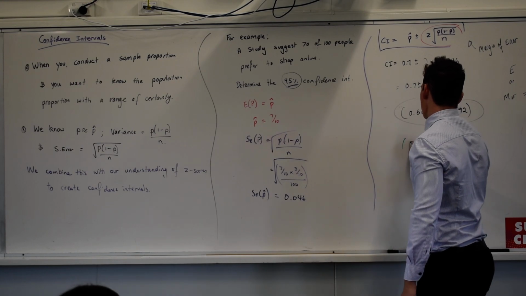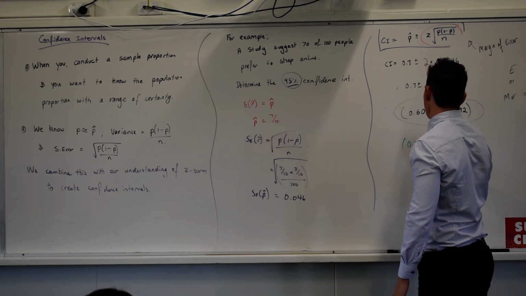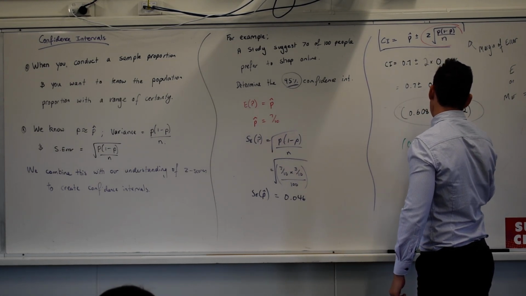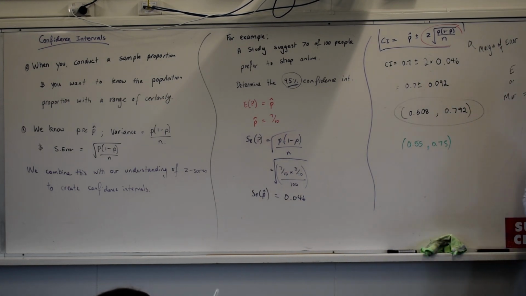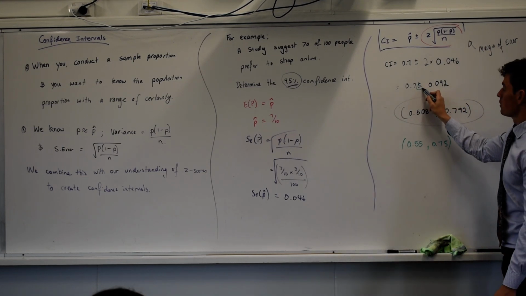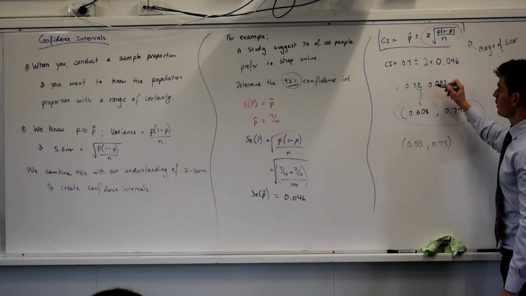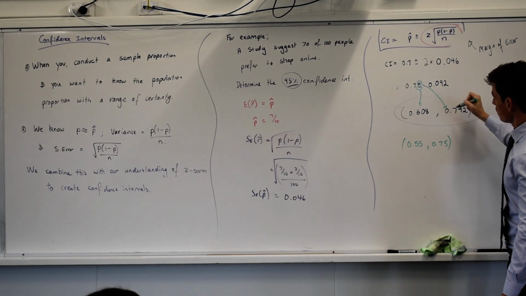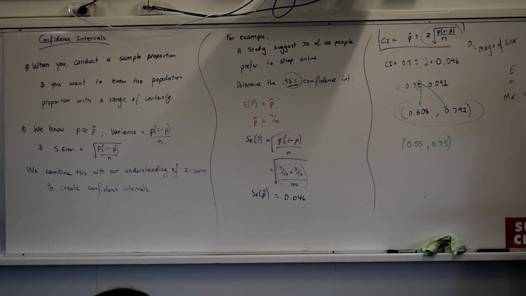We'll go, it's between 0.55 and 0.75. This one says minus, so that's the minus, and that's the plus. So is the 0.7 the 70% that we started with? Yep.